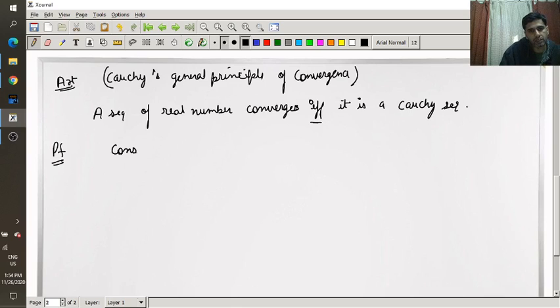Consider a sequence xn which converges to L, right.